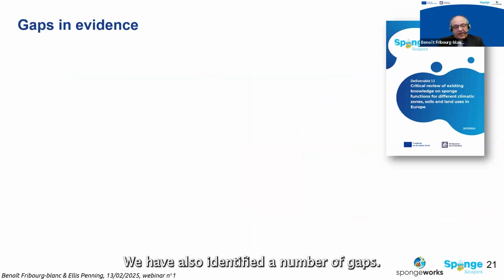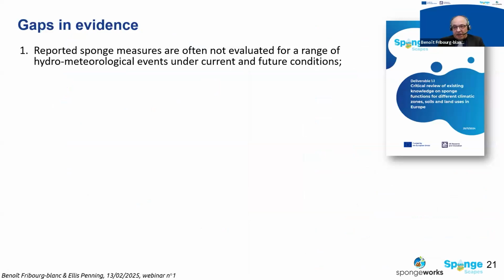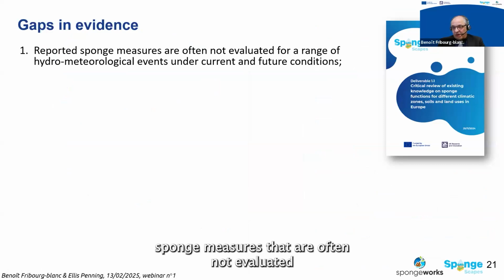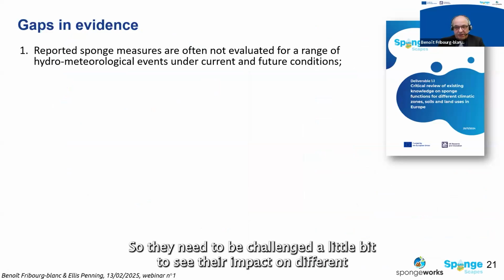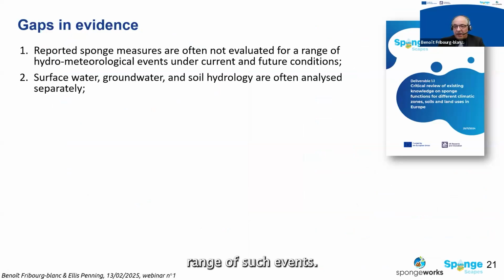We also identified a set of gaps. Among those gaps, of course, we have sponge measures often not evaluated for a range of different hydromorphological events and the current and future conditions. So they need to be challenged a bit to the different events.